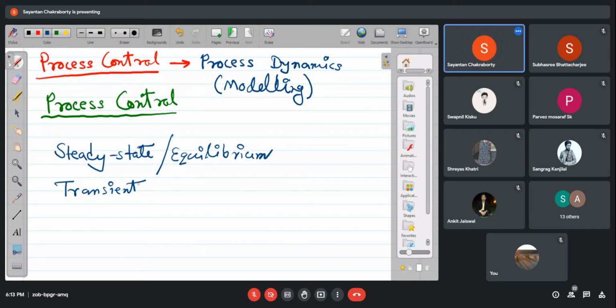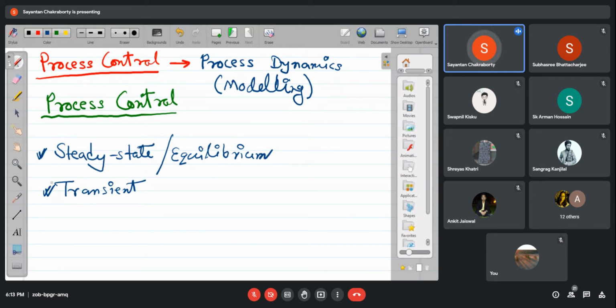These are the two dynamic studies that you can go through. Now, the steady state or equilibrium condition study involves only the material and energy balance. That is, the process system is running at a given, desired state or condition, where an equilibrium is reached.